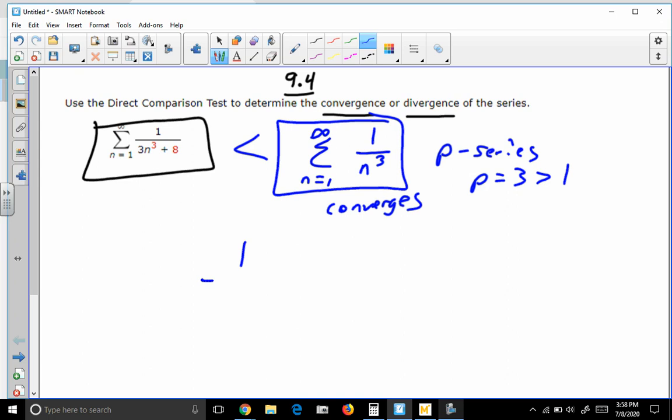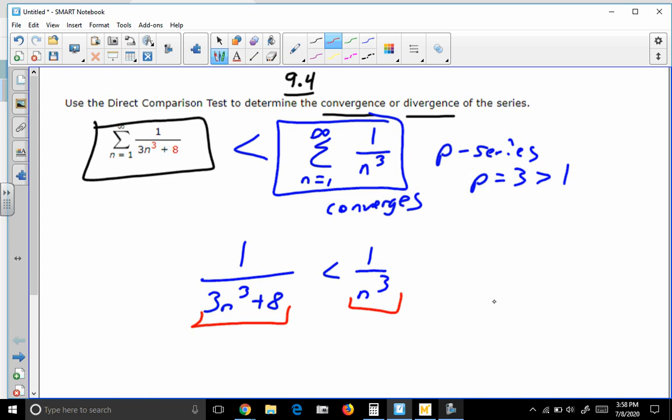Well, how does 1 over 3n cubed plus 8 compare to 1 over n cubed? Notice that the numerators are the same. So what could we say about this denominator to determine whether it's bigger or smaller than that one? If we multiply n cubed by 3, then 3n cubed is definitely bigger than n cubed. If we add 8 to it, 3n cubed plus 8 is also bigger than n cubed.